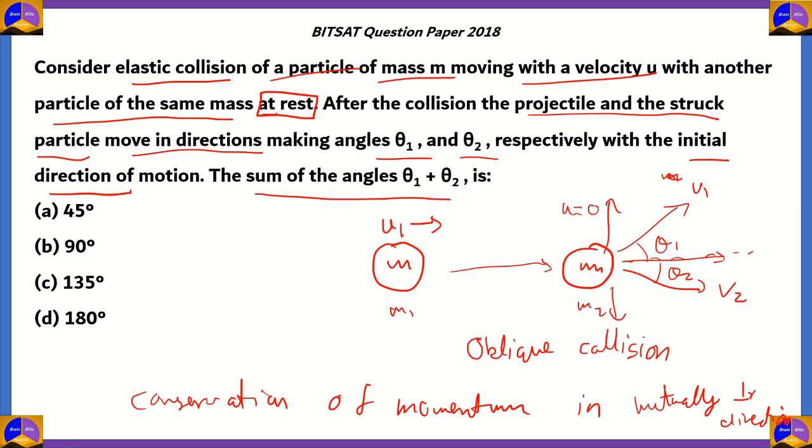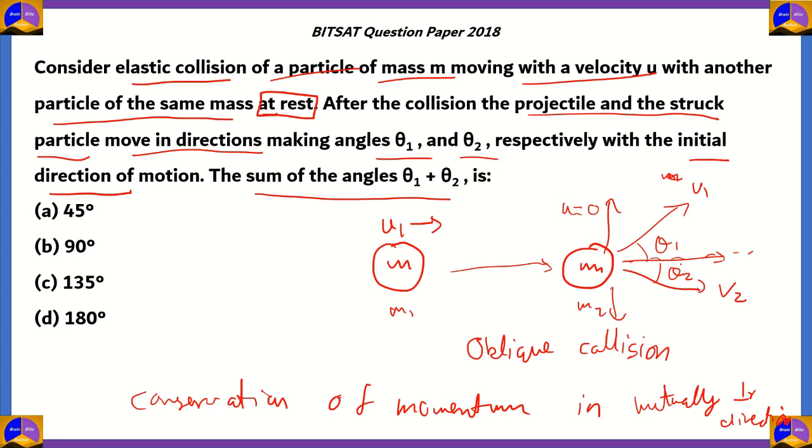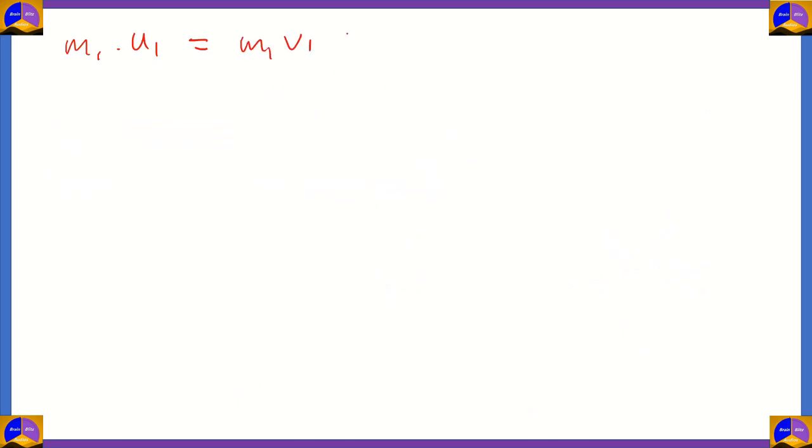vertical components. So along the horizontal component, we had m1 moving with the velocity u1 and m2 was moving with the velocity 0. So the left-hand side will be m1 times u1, and the right-hand side would contain the horizontal component of both these velocities. So that means m1 v1 cos theta 1 plus m2 v2 cos theta 2.